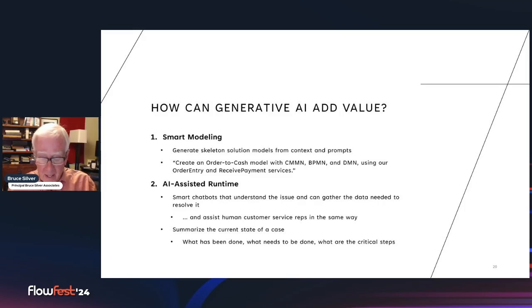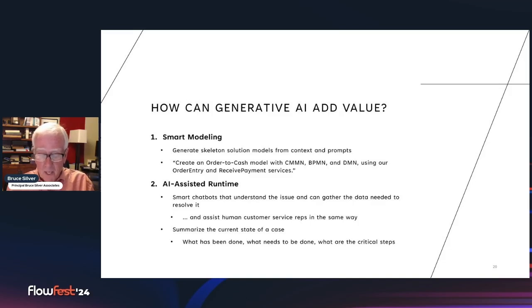Generative AI is software trained on large language models that can generate text, images, audio, video, and code based on specific context and user requests called prompts. Technically, you could say it has nothing to do with CMMN, BPMN, and DMN, but it can add value to business automation projects based on those standards.